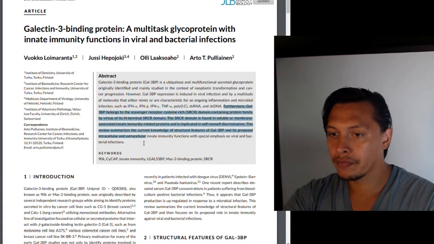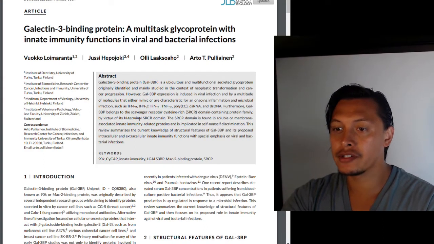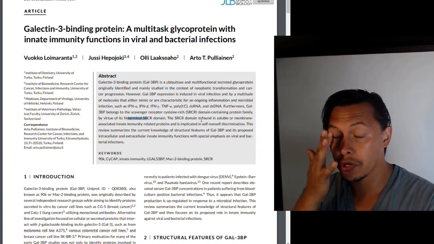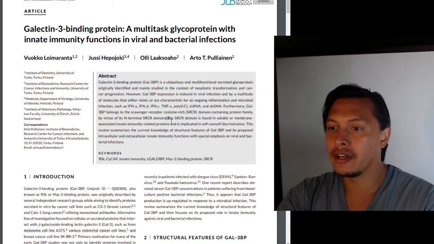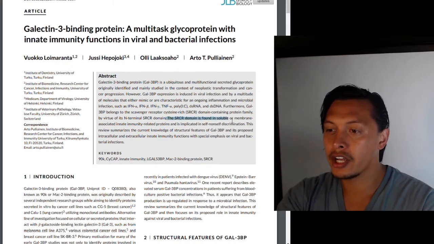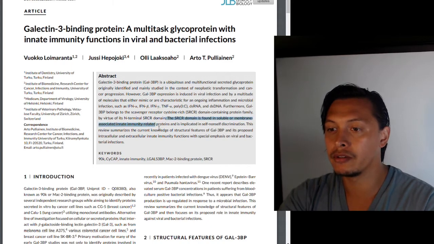So furthermore, by virtue of its N-terminal SRCR domain, and the SRCR domain is found in soluble or membrane-associated innate immunity-related proteins.